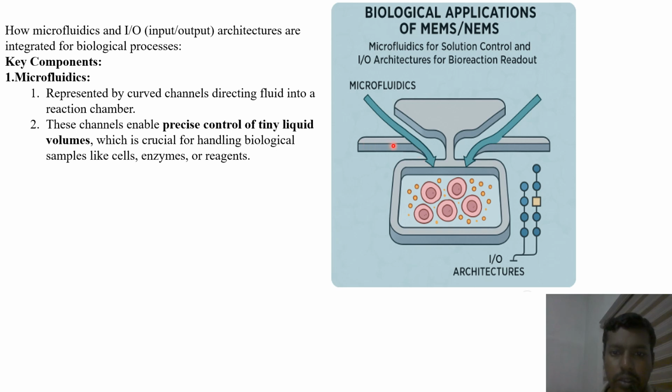This curved path represents the fluid coming into the reaction chamber. This part is the reaction chamber, and this is the channel by which fluid is coming into the reaction chamber. So this is represented as microfluidics.